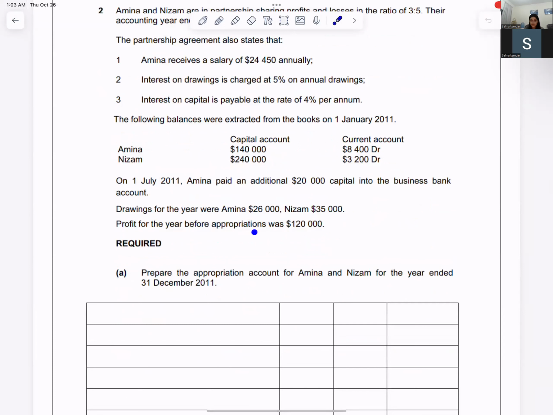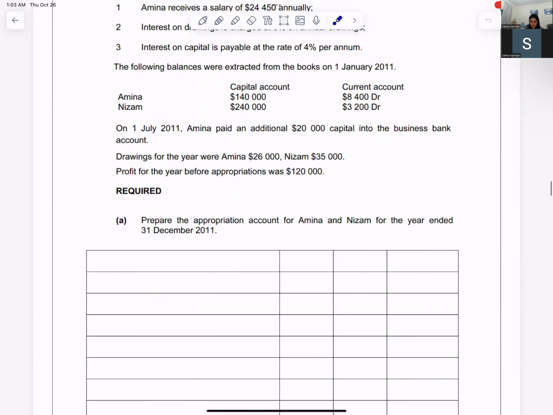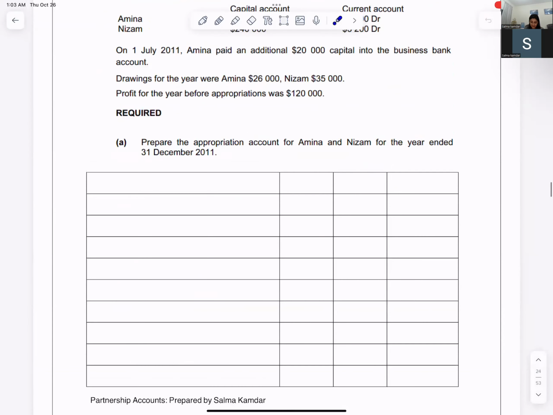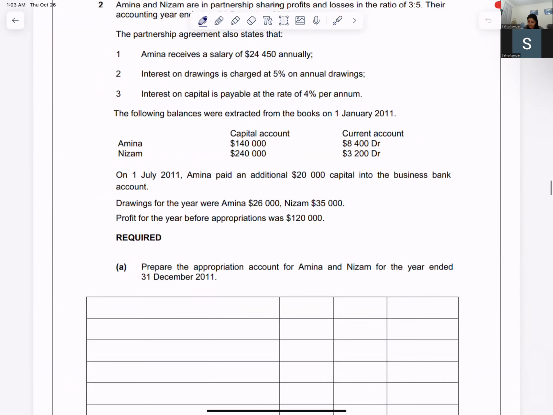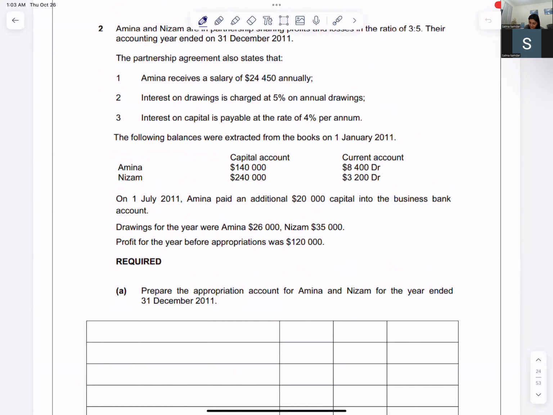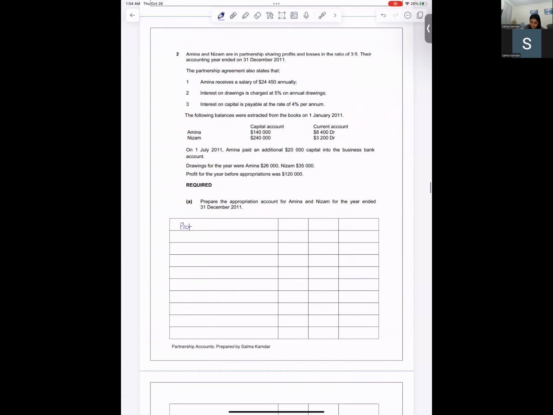Profit for the year before appropriation was 120,000 and they have asked us to prepare a profit and loss appropriation account. The profit and loss appropriation account follows a fixed format. We start with profit for the year before appropriation, which is 120,000.